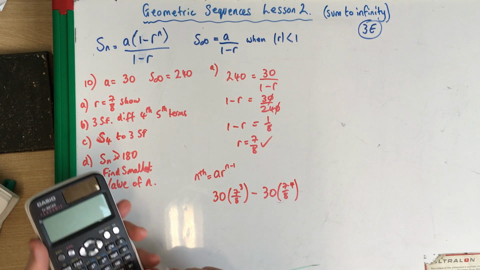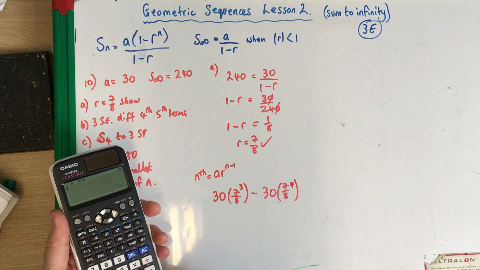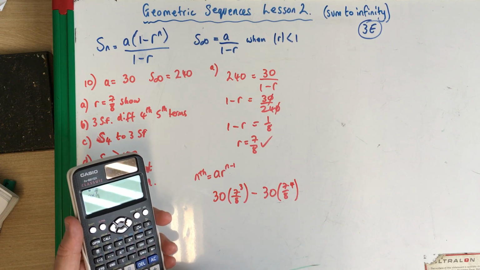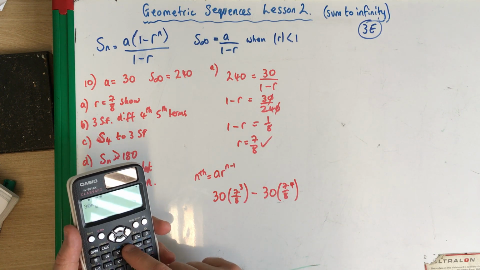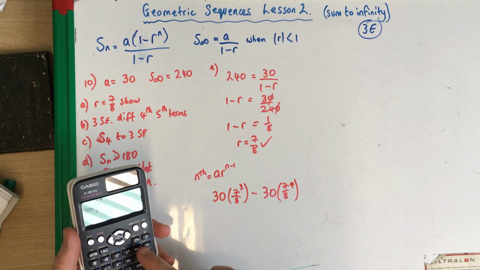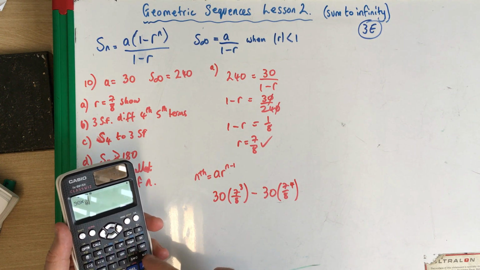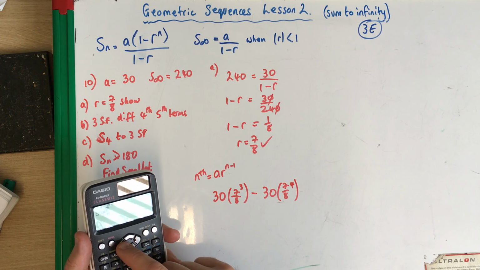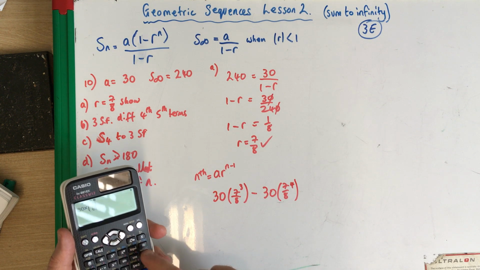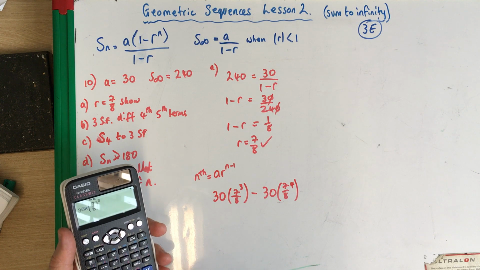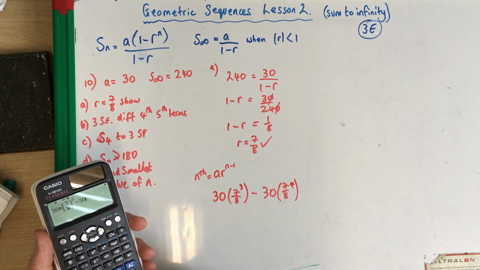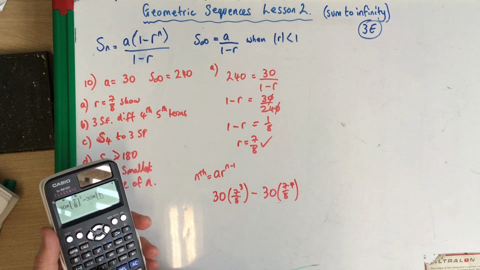And we'll just put those into our calculator, switch it on first though. So 30 times 7/8 to the power of 3, minus 30 times 7/8 to the power of 4.